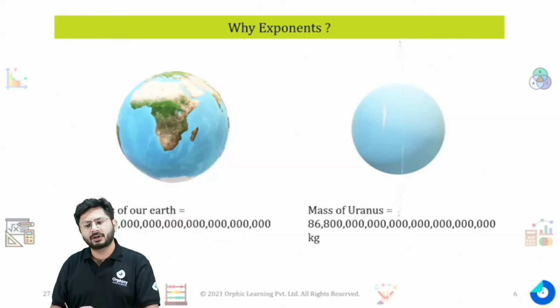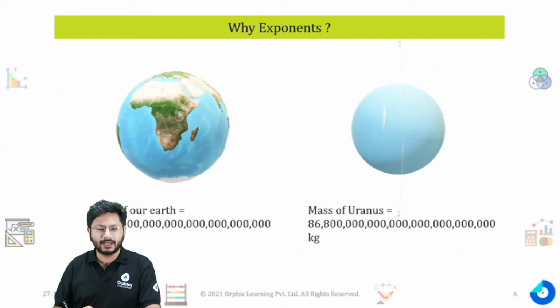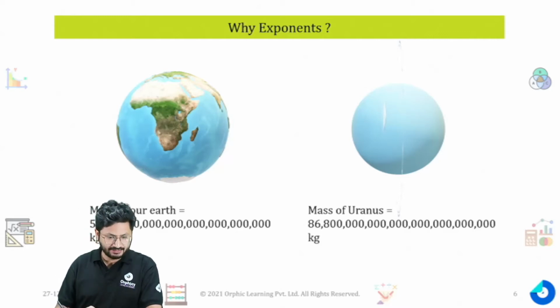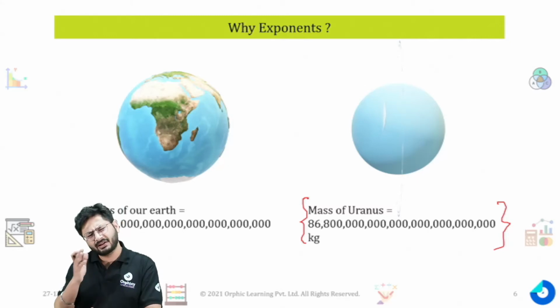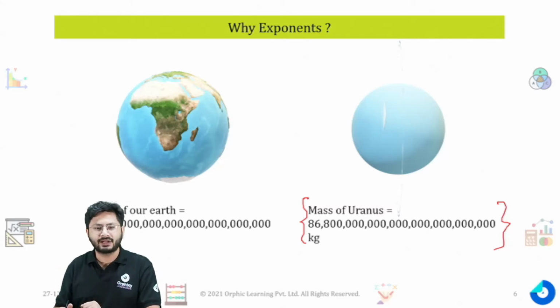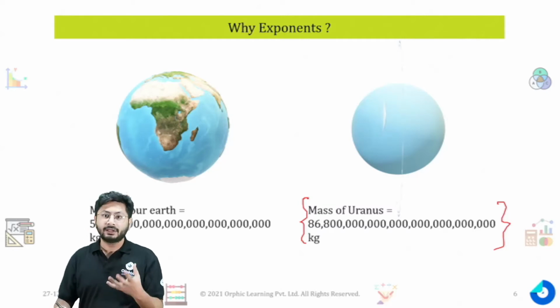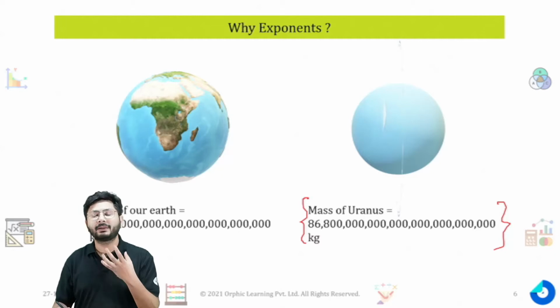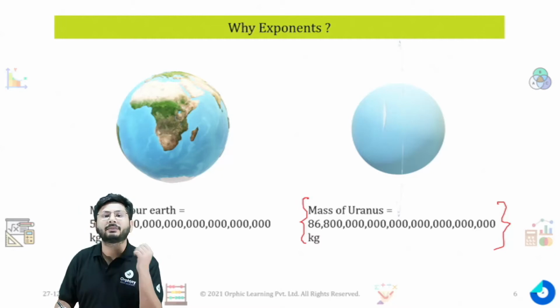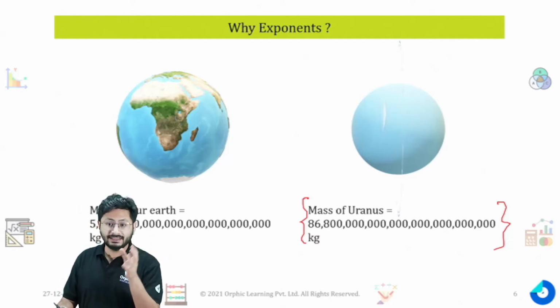So now let's talk about why exponents are required. Like we have talked previously, it reduces the effort of writing, right? If we talk about this particular number, 868, with a lot of zeros, that is the mass of Uranus, or the mass of Earth is also quite big. If I have to use these quantities again and again, like in physics and mathematics, is it practical to write these numbers again and again?